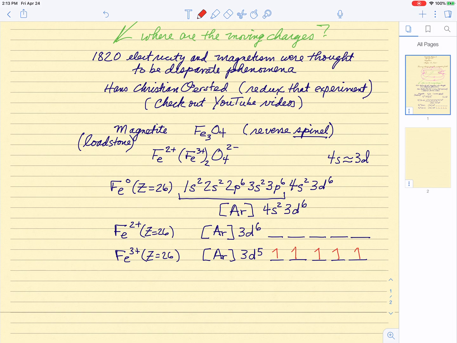It's because the electrons in separate orbitals are farther apart, less repulsion, and it reduces the energy overall of that configuration. And then the 3d6, we would fill each of the 3d orbitals separately, and then we go back and pair them up.